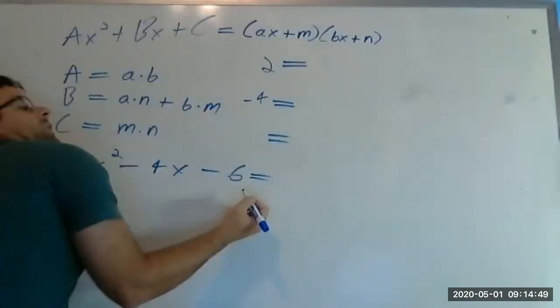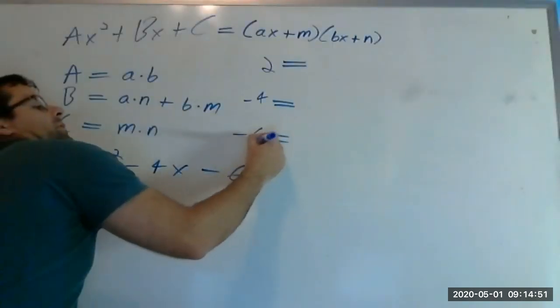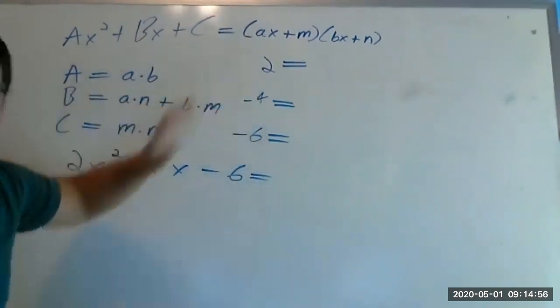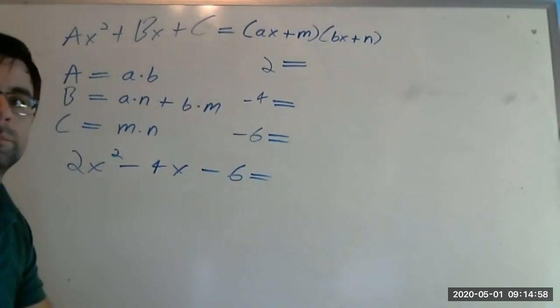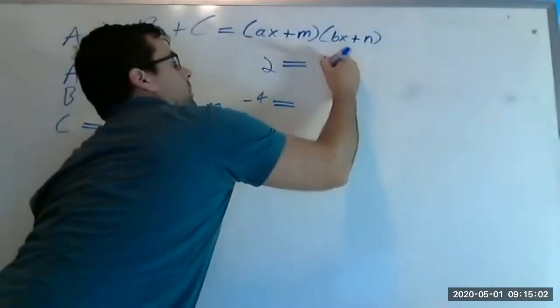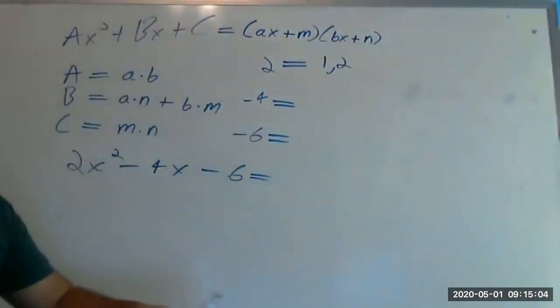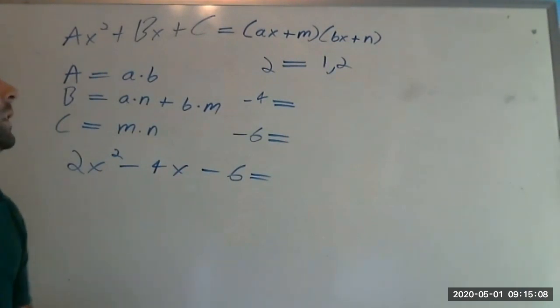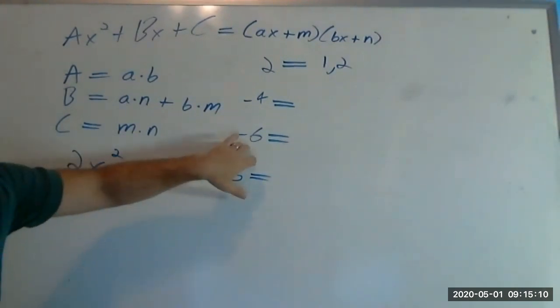And capital C? -6. All right. So what are the factors of 2? 1 and 2. Okay. What are the factors of -6?